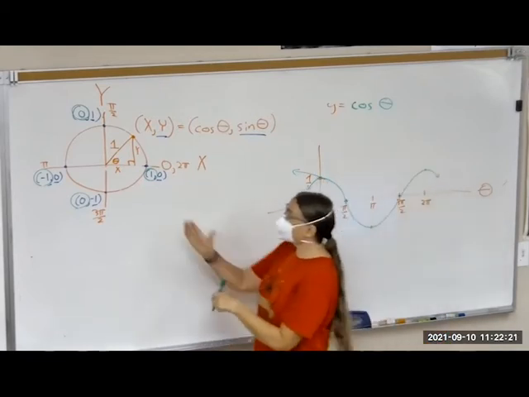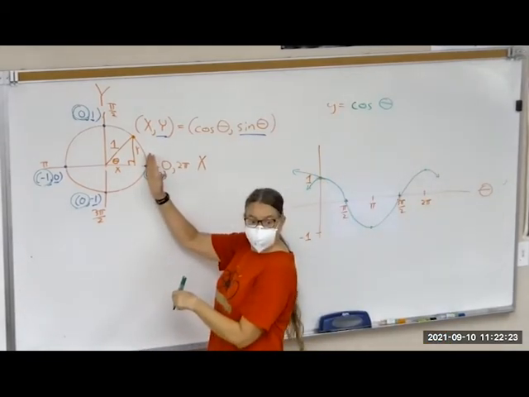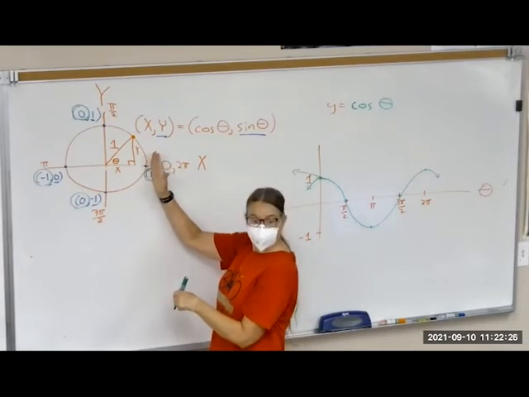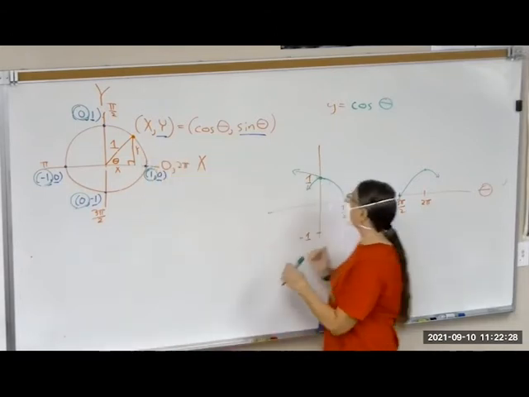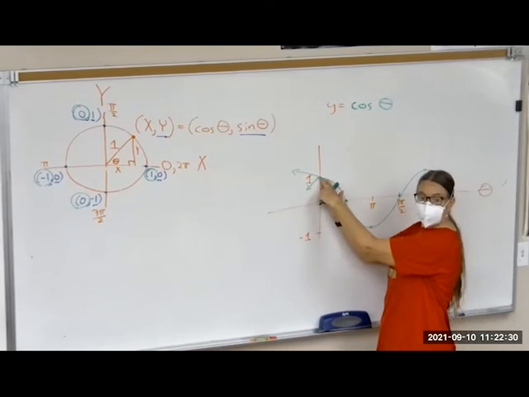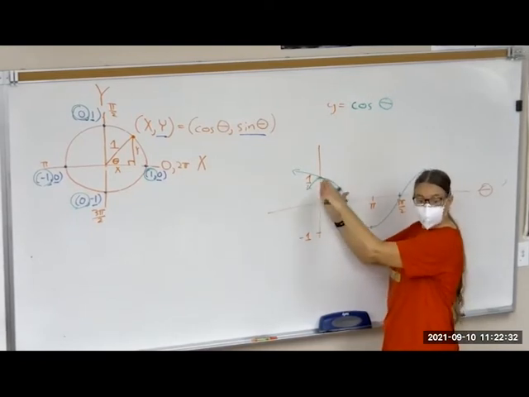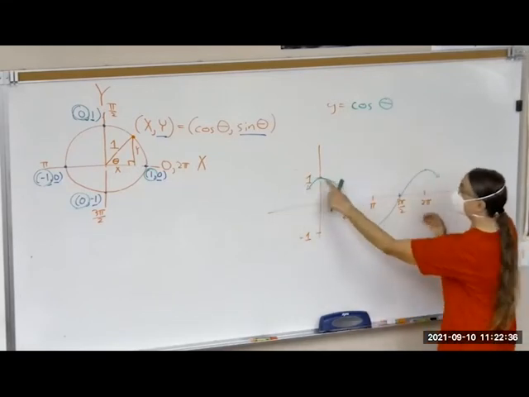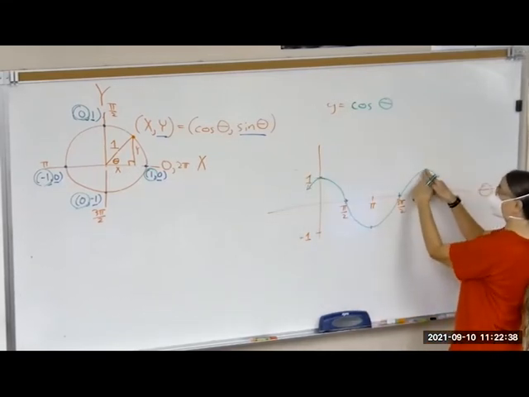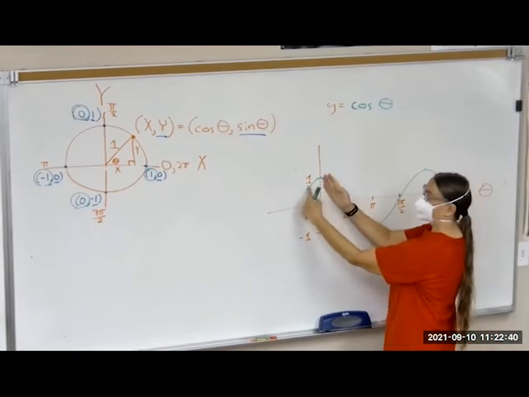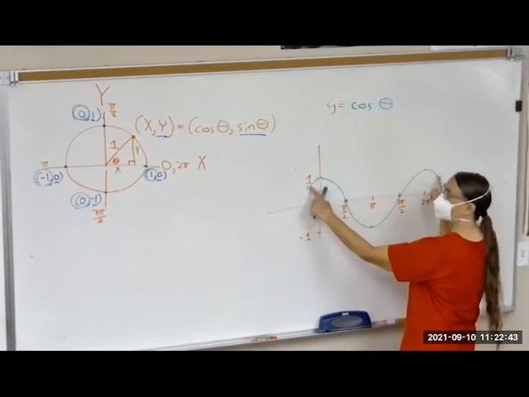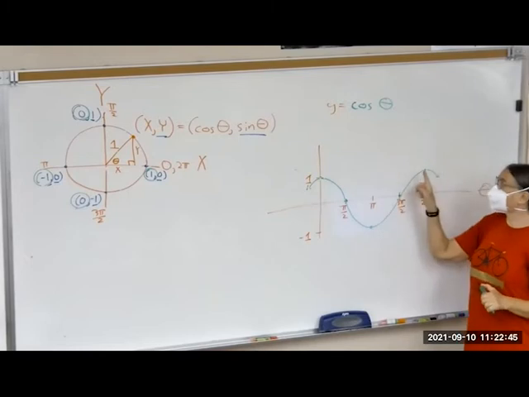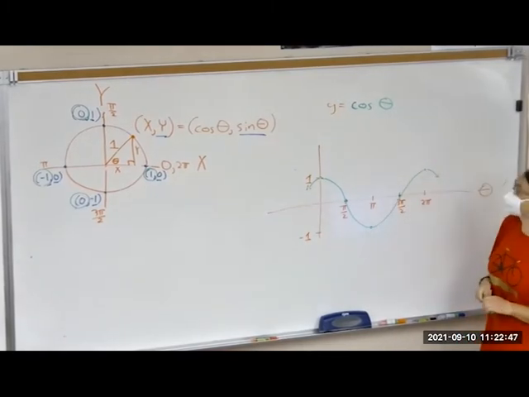Because if you look, that's the furthest to the right our capital X value can ever be. We never go past that. So I want to make sure I indicate that that's a high point. I want to show that it goes on forever and ever, repeating this pattern. And so what is it doing before that high point? It was coming up to it. So I want to make sure on either end that I indicate that these were high points that I have here.